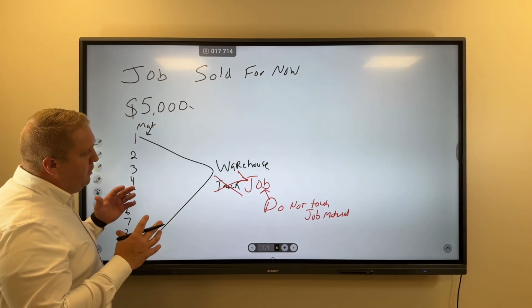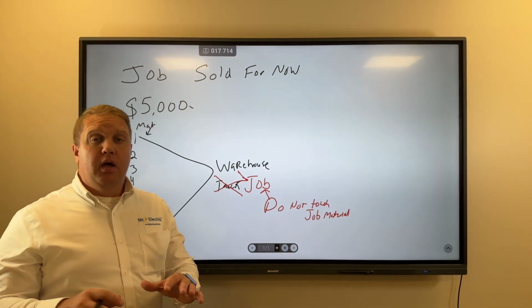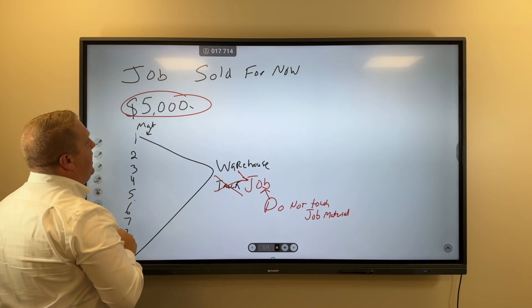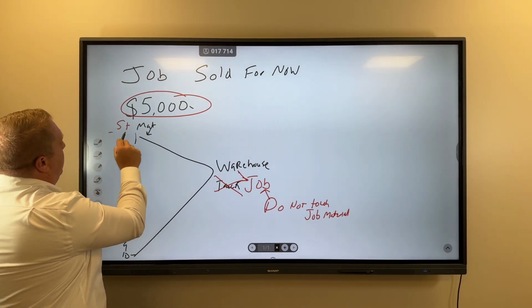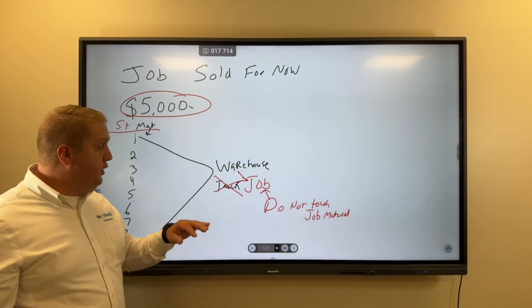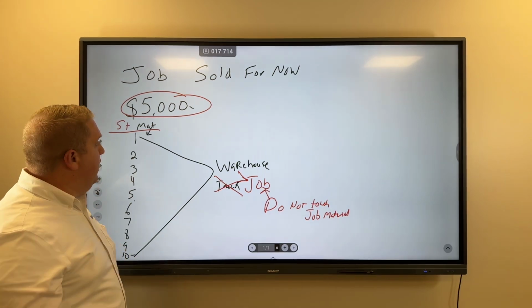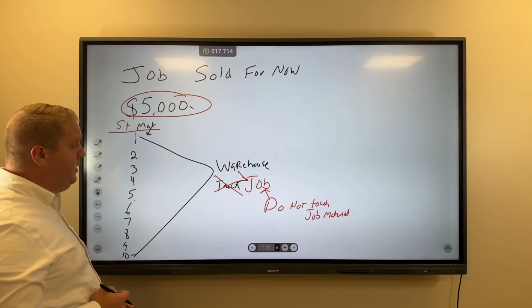But this is a brief synopsis on our material process. When we're on the job and we quote the job for $5,000 and the homeowner says yes, I want to go forward, we go into ServiceTitan and put all of the material in. Not just 5, but all of the material. Now, let's say you go land this job and you already have all the material.